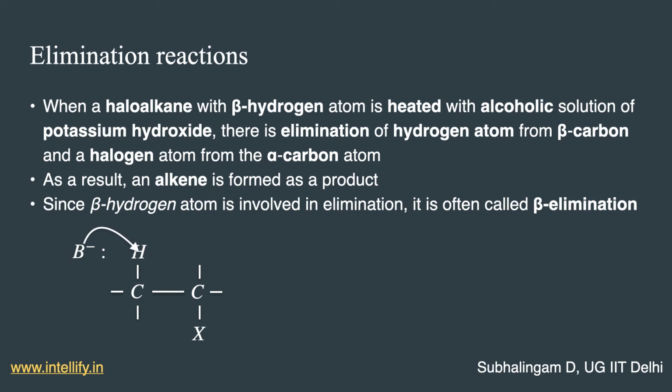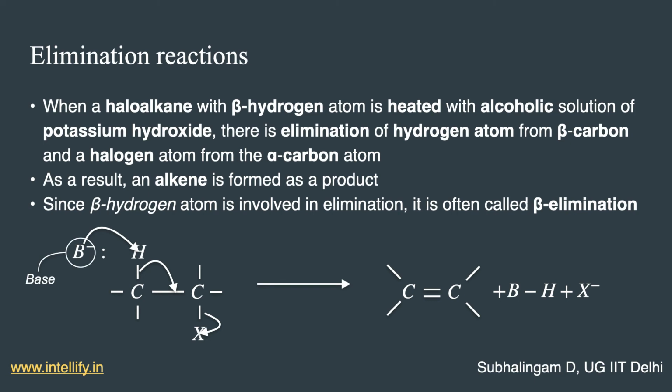So now this base comes and attacks the beta hydrogen and extracts it, forming a pi bond, and then the halogen is expelled as halide ion. So we get an alkene with some byproducts. So B is base and X is leaving group.